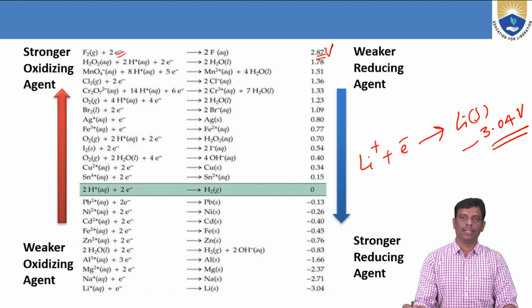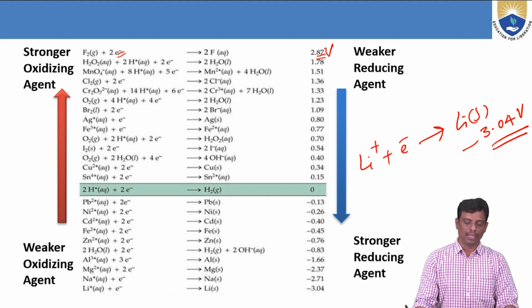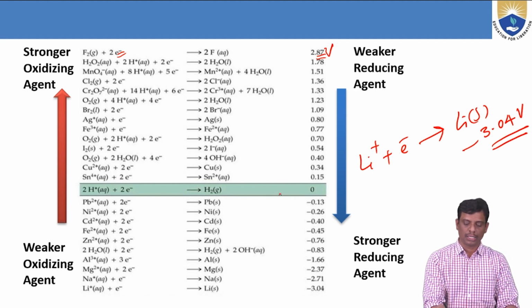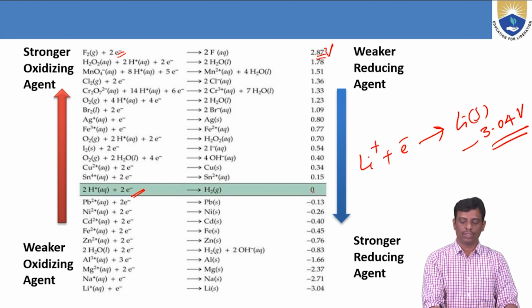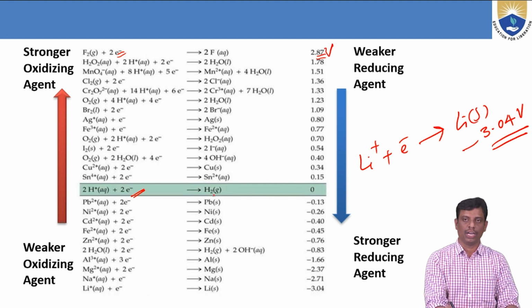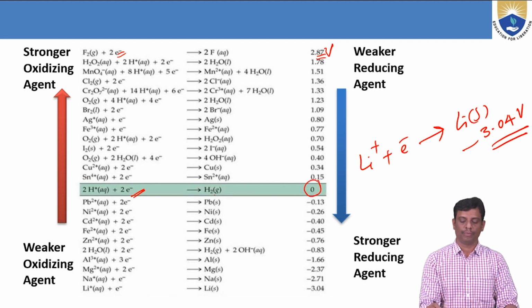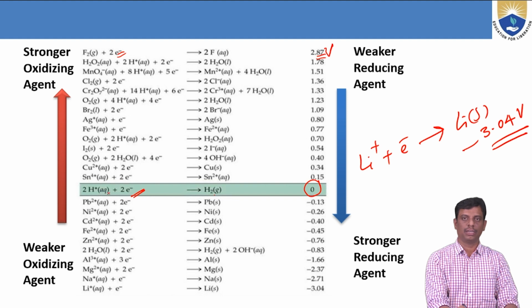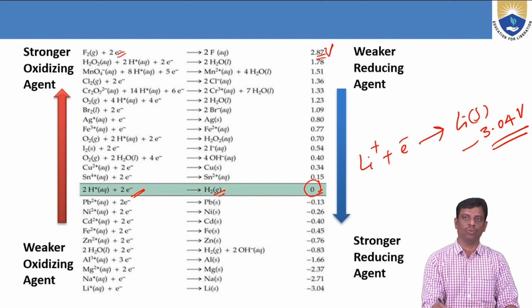Hydrogen's reduction potential: H plus ions gain electrons and are converted to hydrogen, and the potential is 0 volts.